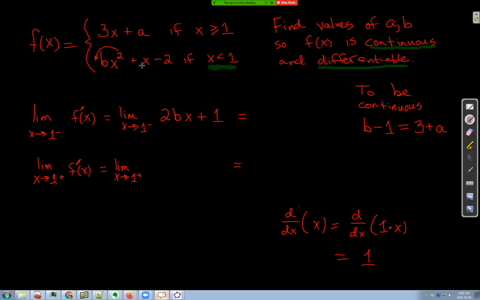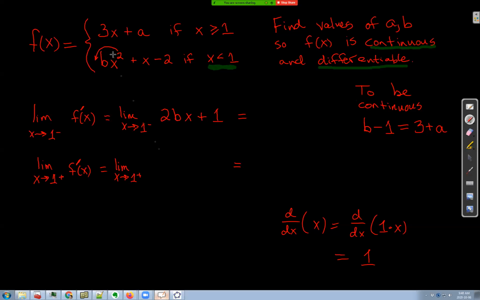So the derivative of x is just equal to 1. And then the derivative of -2 is 0, because -2 is a constant. So, all right, there's your derivative of the left half.